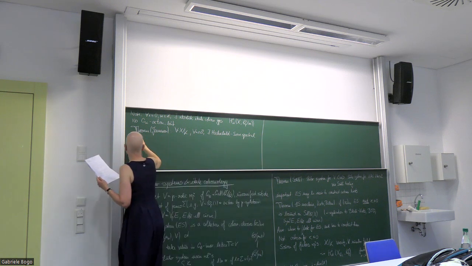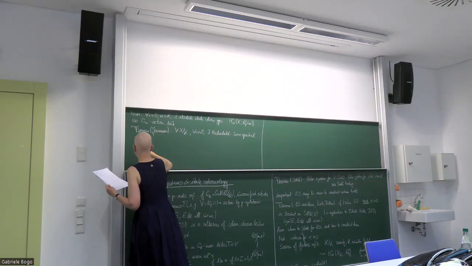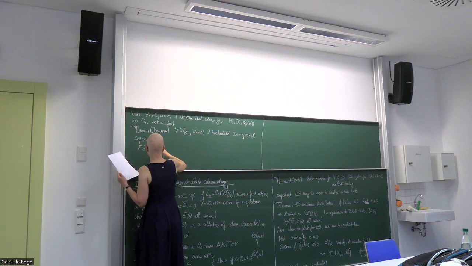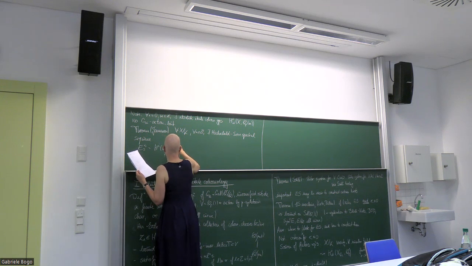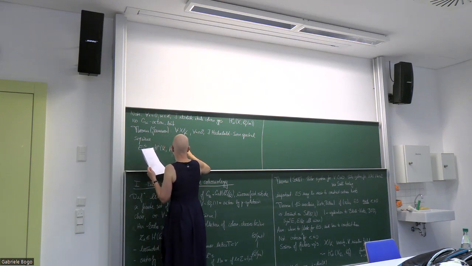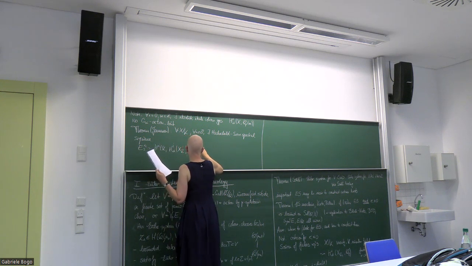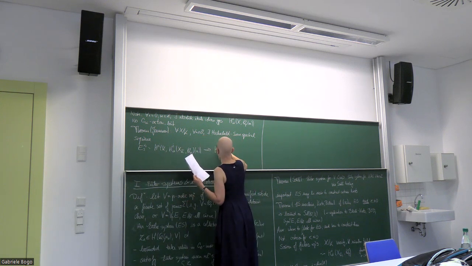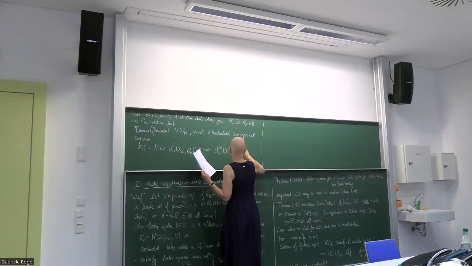So what does it say? The E2 page is given by H^i(K, H^j_et(X base changed to K bar, Z_p(n))), and this converges to H^{i+j}_et(X, Z_p(n)).